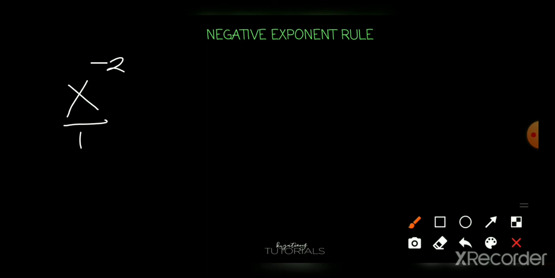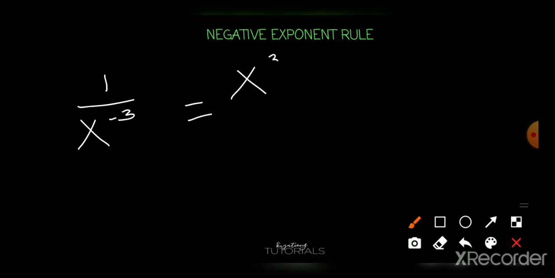So, what we do is take the reciprocal, we flip it. So, instead of x over 1, we make it 1 over x. So negative 2 becomes positive 2. Same way, for example, 1 over x to the power of negative 3, we flip it too. It becomes x to the power of 3 over 1, or simply x to the power of 3. We move it whenever the exponent is negative.